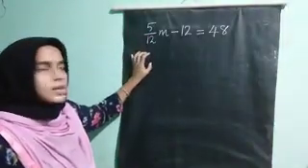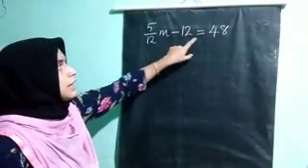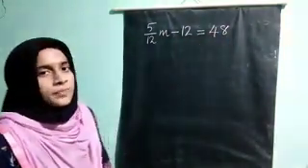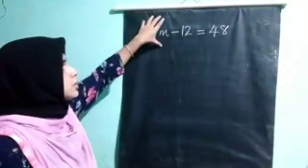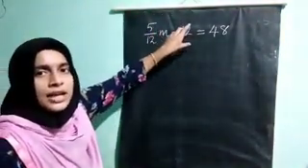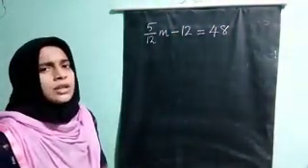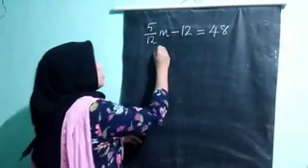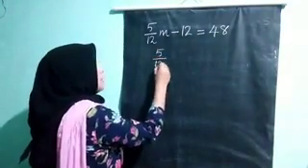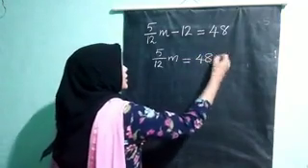Last question of this type, that is 5 by 12 m minus 12 equal to 48. So first of all you can keep this 5 by 12 m there and take this minus 12 to that side. Constants first transpose. So 5 by 12 m equal to 48 already there.